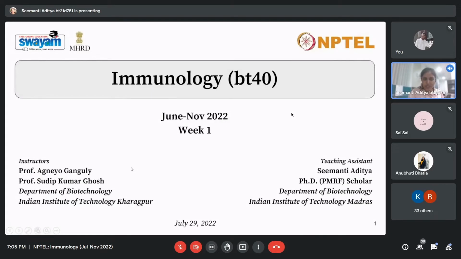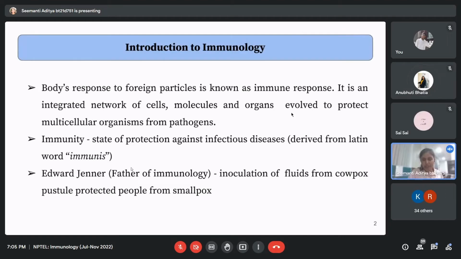The course is taken by Professor Agnayo Ganguly and Professor Sudeep Kumar Ghosh from the Department of Biotechnology at Indian Institute of Technology, Kharagpur. Today, I'll be discussing a brief introduction to immunology.